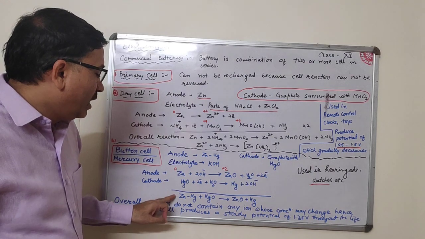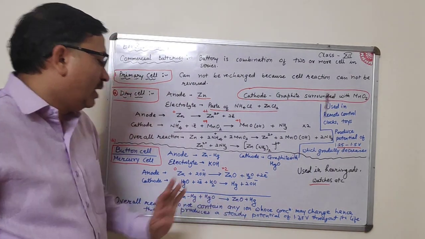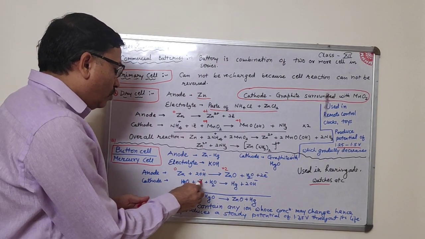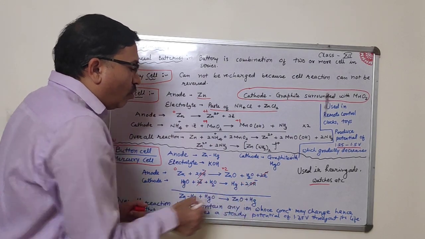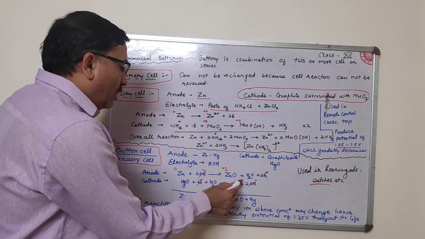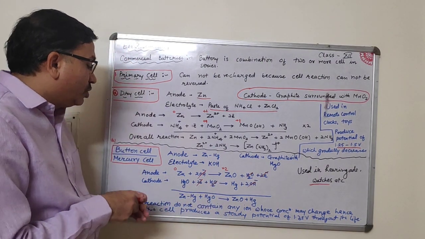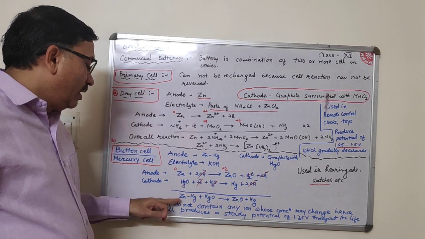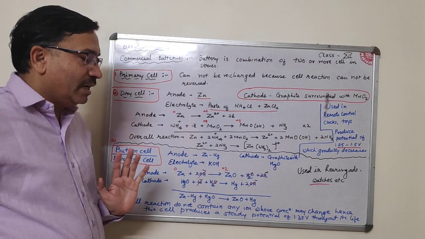Now we get ZnHg plus HgO gives ZnO plus Hg. The 2 electrons cancel, the 2 OH minus cancel, and the H2O cancels. So the overall cell reaction of this button cell, or mercury cell, is ZnHg plus HgO gives ZnO plus Hg.